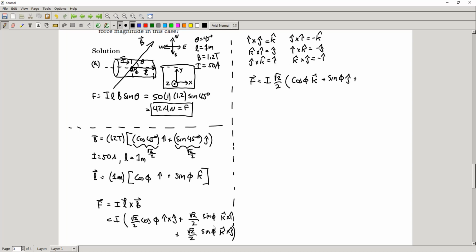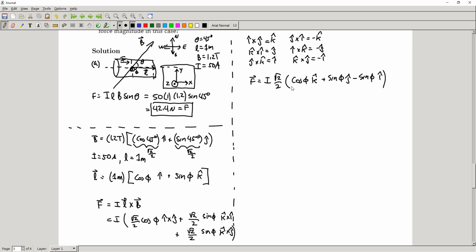And then we're going to have another sine phi and k hat cross j hat. Well, k hat cross j hat is minus i hat, right? So I'm going to put i hat here, and I'm going to switch this to a minus. Okay, and so we need to basically solve for the phi that's going to maximize this.